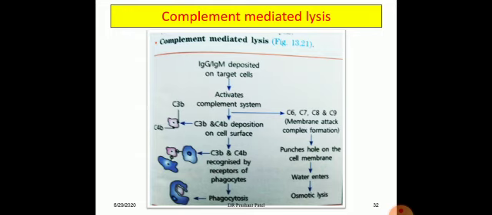Other products like C6, 7, 8 and 9 punch holes into the cell membrane of target cells and water enters, and these infected cells are lysed by the mechanism of osmotic lysis.